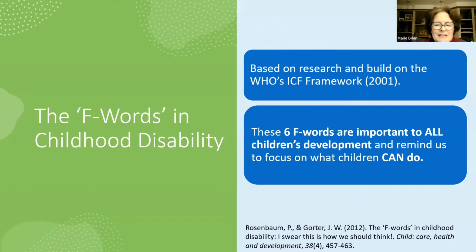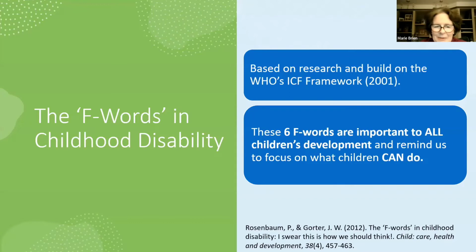They remind us to focus on what children can do. I have here the reference from Rosenbaum and Gorter from the CanChild Centre for Childhood Disability Research at McMaster University in Canada.